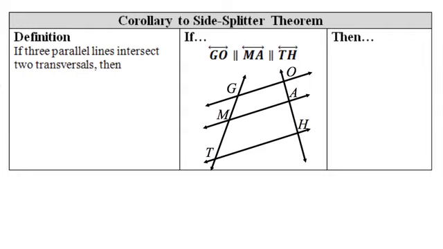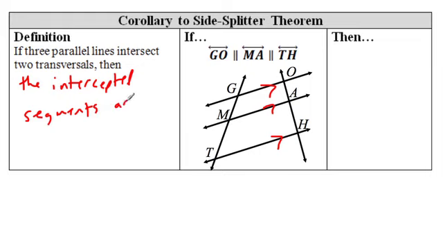Let's take a look at this. And this is the whole thing. This is kind of like the perspective drawing. I've got these parallel lines. Parallel, parallel, parallel. So if 3 parallel lines intersect 2 transversals, then the intercepted segments are proportional.